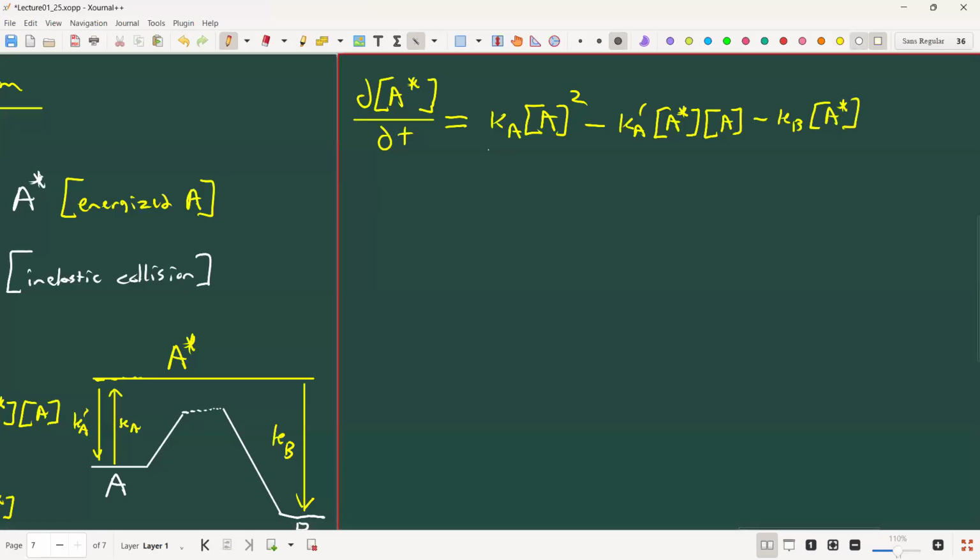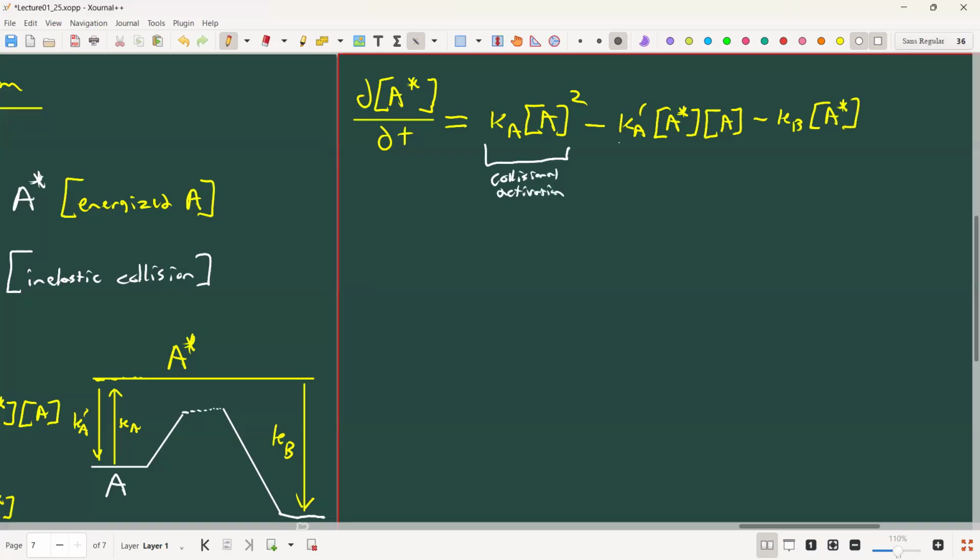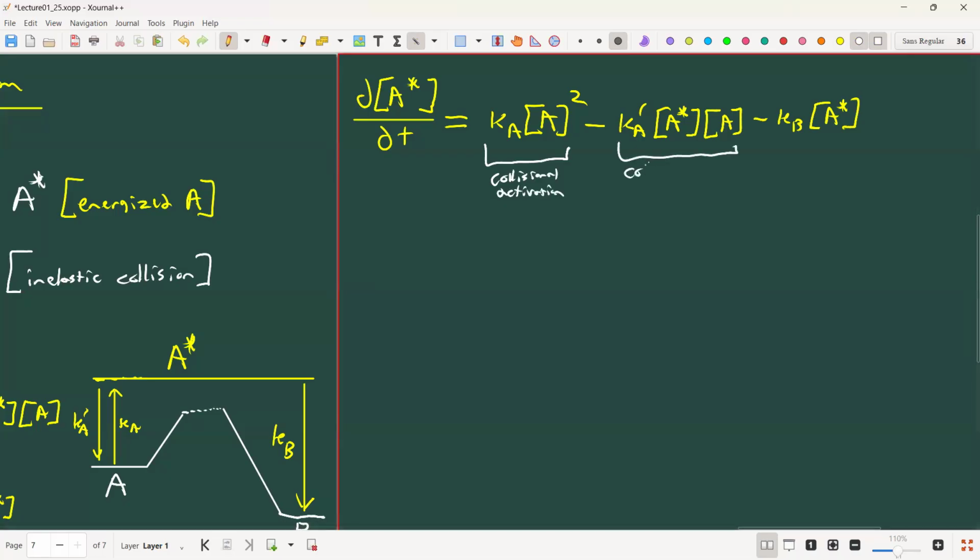All right, so I'll just remind you, this is collisional activation. This is collisional deactivation.